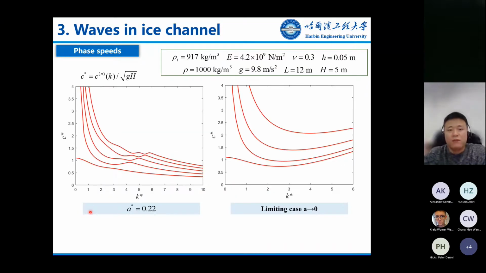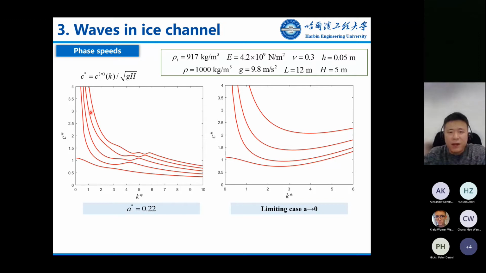The phase speeds of flexure gravity waves propagating along an ice channel were investigated here. The left figure shows the phase speeds for width of the open water lead a equal to 1.1 meter. Note that the phase speed of the first mode decreases monotonically as the wave number increases, while the variation of the phase speed of the higher modes is more complex.